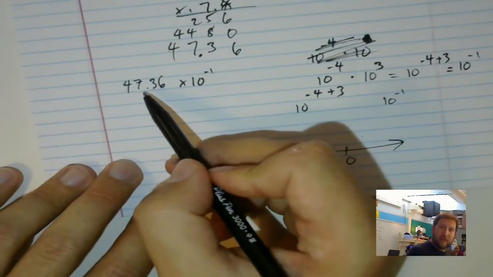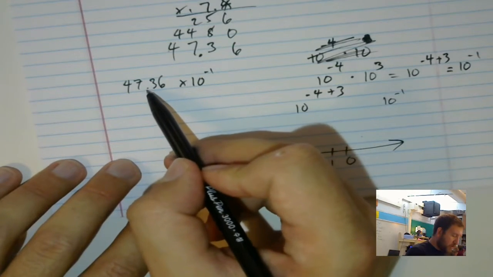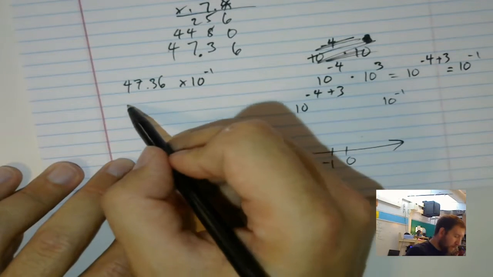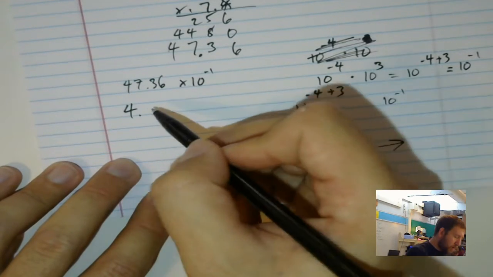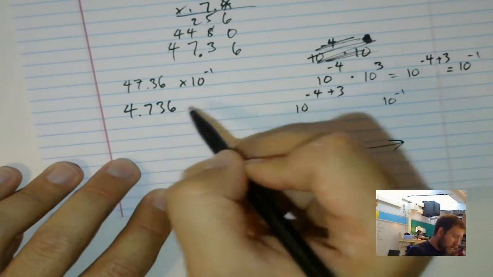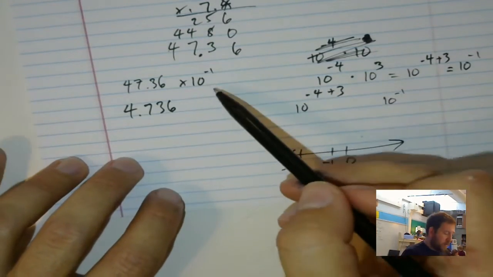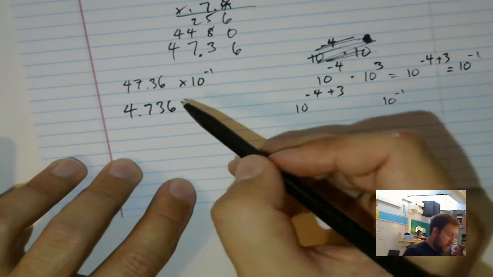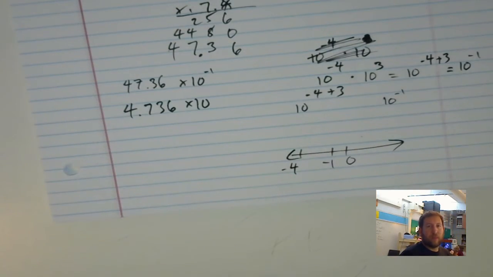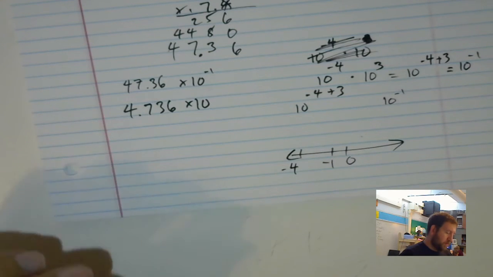Now again, I'm going to have to fix this up by moving this 1 over to this direction. Whenever I move it left, I add 1. So I really have 4.736. And in this weird example, my times 10 just turns into a times 10. Kind of makes sense? All right, good luck.